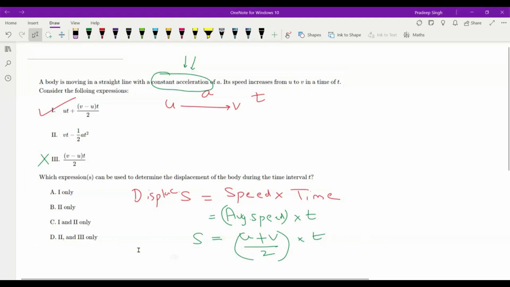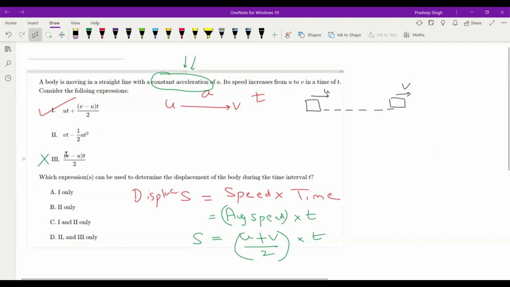Write this down, and then we move to equation 2. And let me know once done. Done, sir. Okay, good.